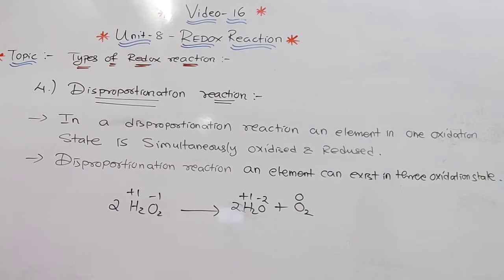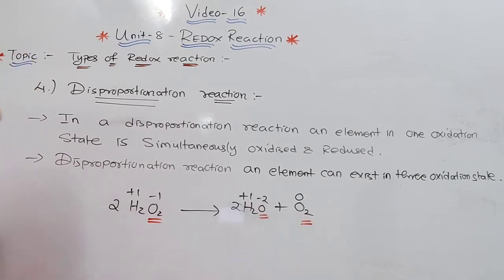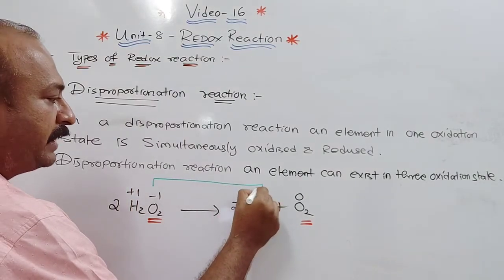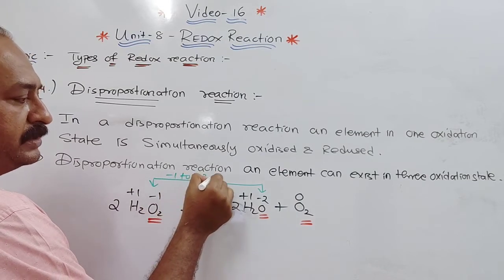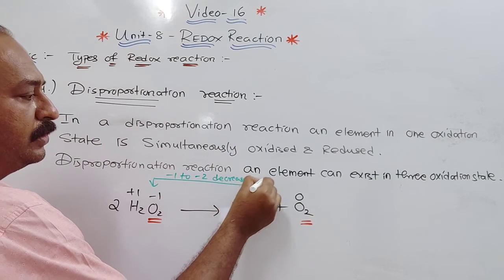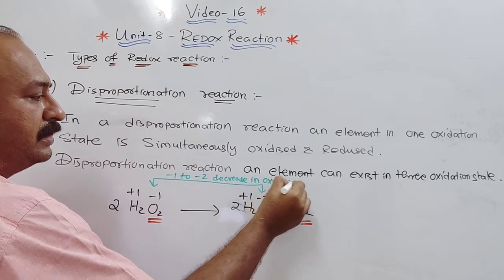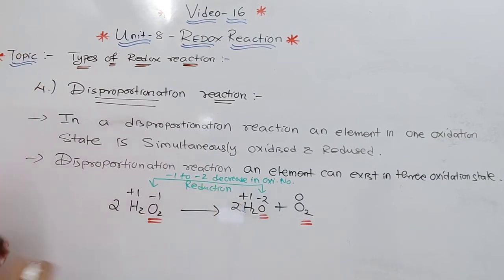Here, we compare the element oxygen in all the cases. If you see here in this case -1 to -2, it means decrease in oxidation number, therefore it is called reduction. Understood?